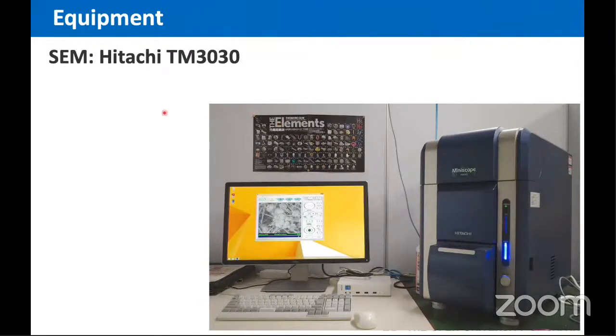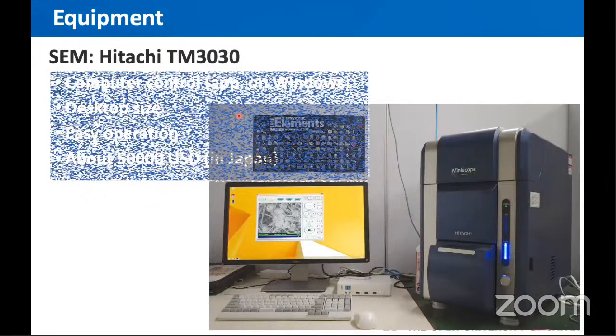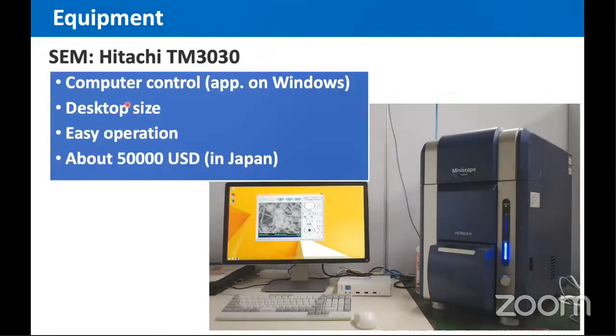This is the device, a Hitachi TM3030 electron microscope. It has these features: a computer-controlled desktop size, easy operation, and relatively inexpensive price.